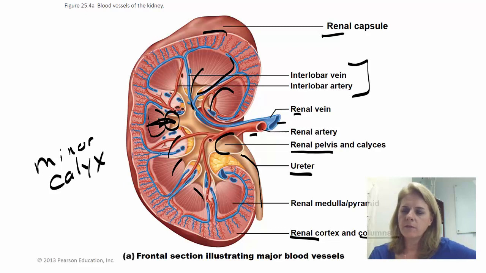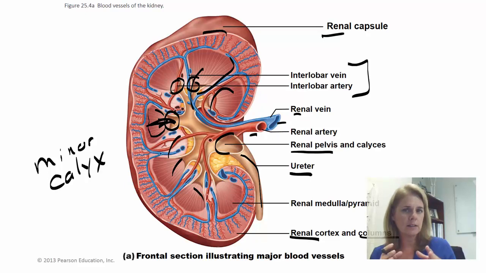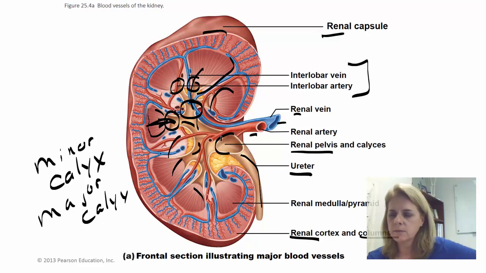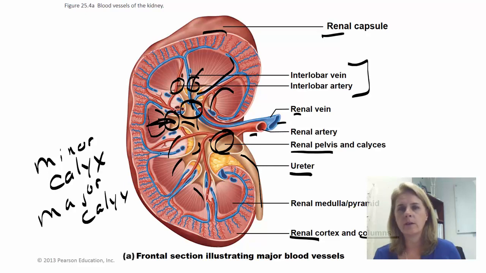Here's a minor calyx, and here's a minor calyx. When two minor calyces come together, it forms a larger calyx called a major calyx. If you take this major calyx and that major calyx and this major calyx, they all drain to this central area called the renal pelvis.